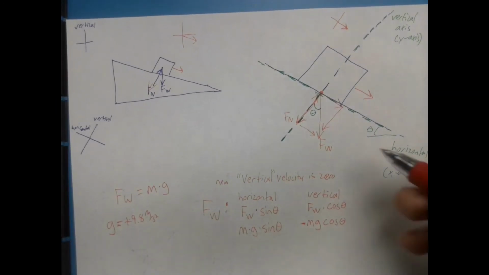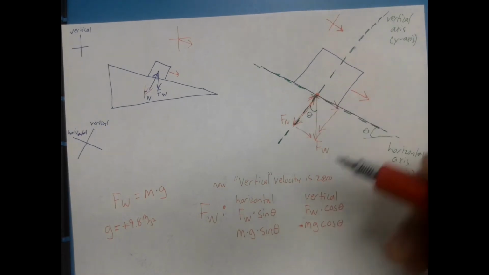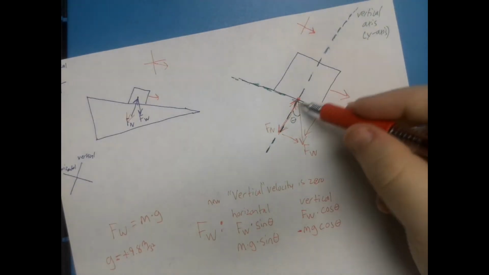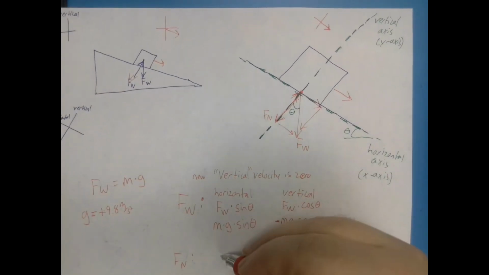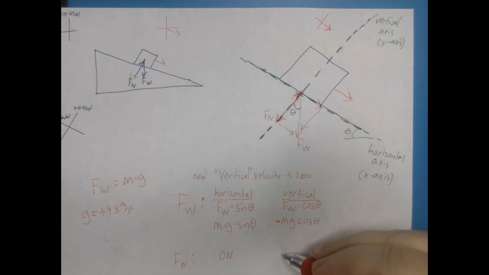And my normal force was pointing upward away from the box, right? So my normal force is only in the new vertical. So it's 0 newtons here, and for the vertical, it would just be Fn. It's all vertical.